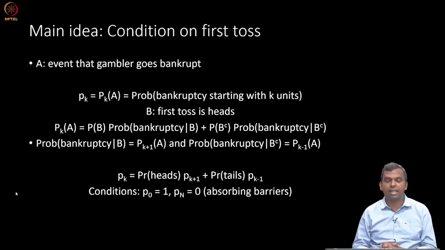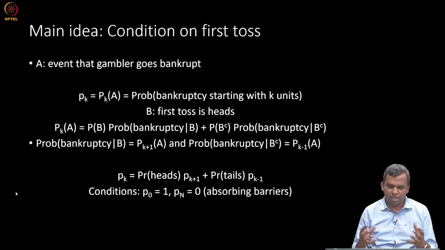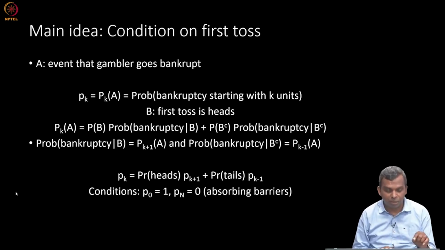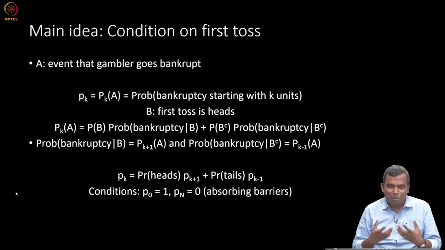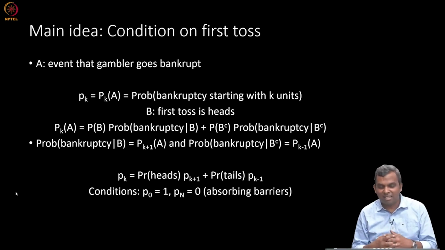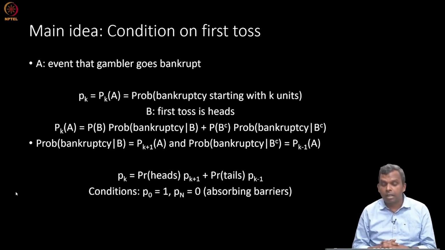Okay, so the main idea, like I said, is to condition on the first toss. We'll use some notation just to simplify our work. You'll see that the final equation is very simple. We will write it once again later also, but let's just focus and go through the steps here. I'll use this notation A. A is the event that the gambler goes bankrupt, the gambler is ruined, and I know that this P K is actually, I will call it capital P K of A, just to give it a little more connection to the event A. It's basically the probability of the gambler going bankrupt starting with k units.